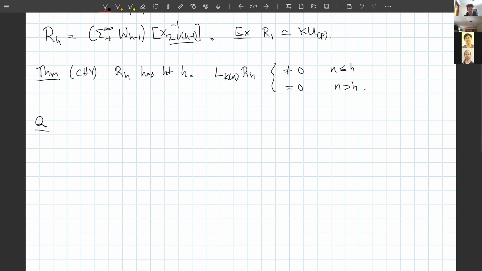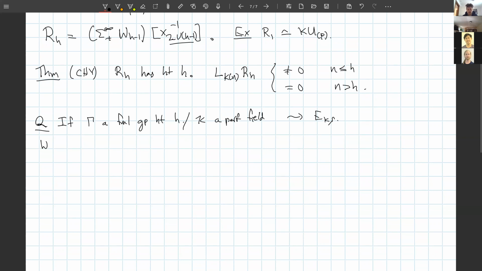So the question is, if I pick some E-theory, so if I pick gamma, a formal group of height h, say over K, a perfect field, then I get an E-theory E_K(gamma).